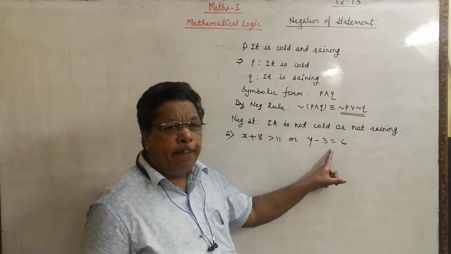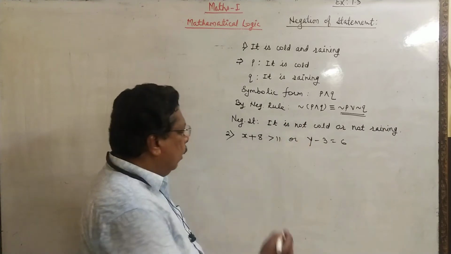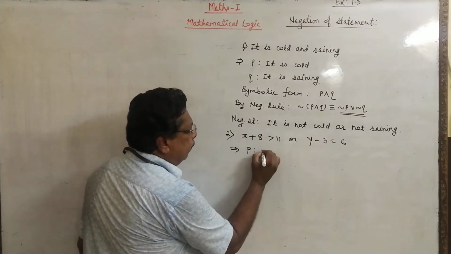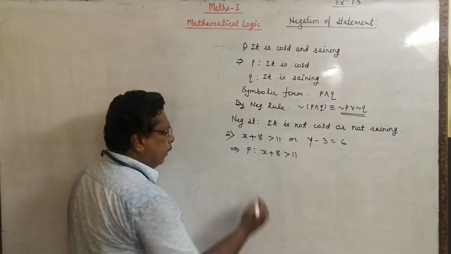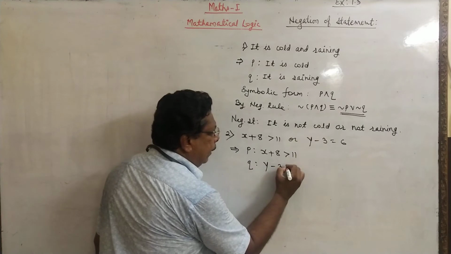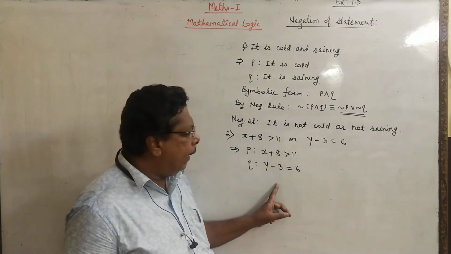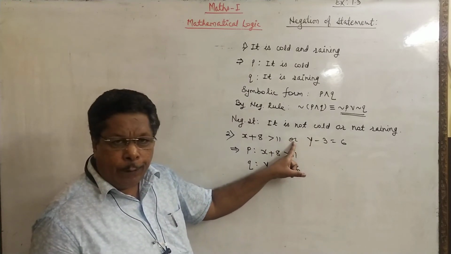From the given statement, first of all, you have to write the statements P and Q. Statement P is x plus 8 greater than 11. Statement Q is y minus 3 equal to 6. These are the two statements P and Q. Now these two statements are joined by the connective or.